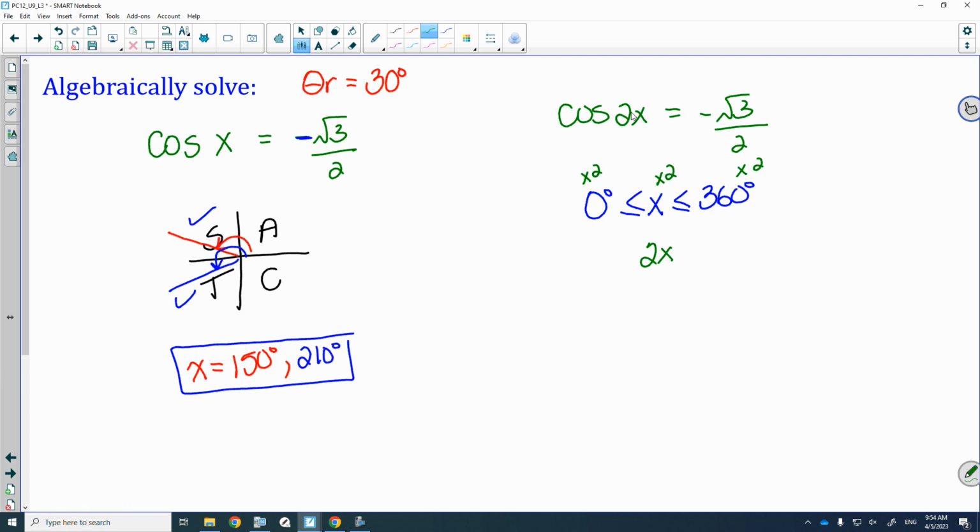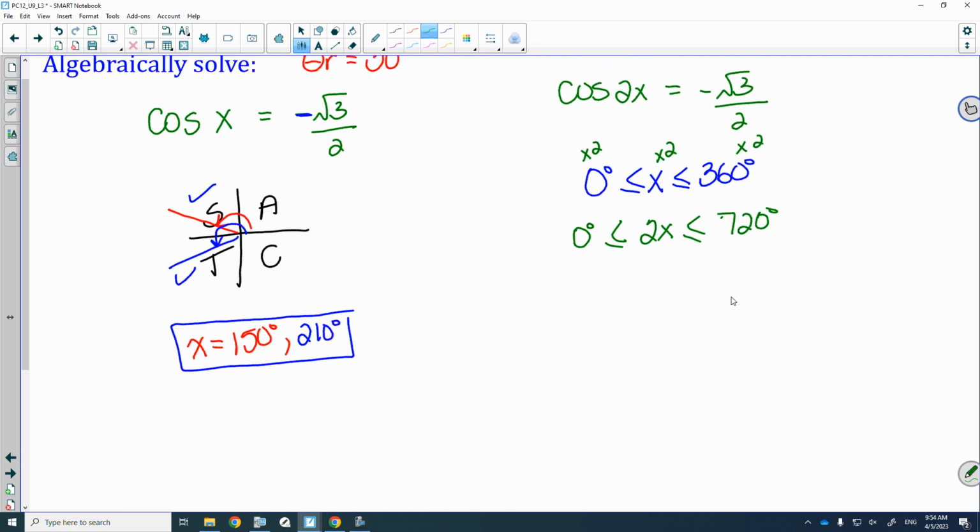Okay, so if this was x, now my domain is going to be 2x. Except what's going to happen is 360 times 2 is 720. 0 times 2 is just 0. So what I've done is by doubling my domain, how many times around the circle am I now going? I'm going twice around the circle, okay? So watch what's going to happen.